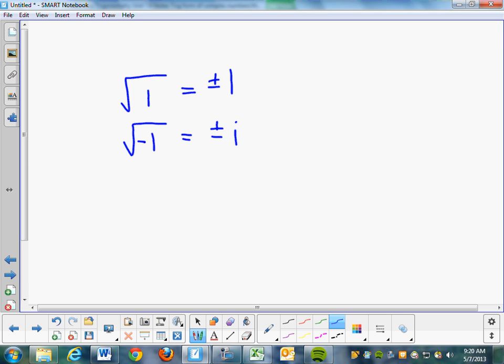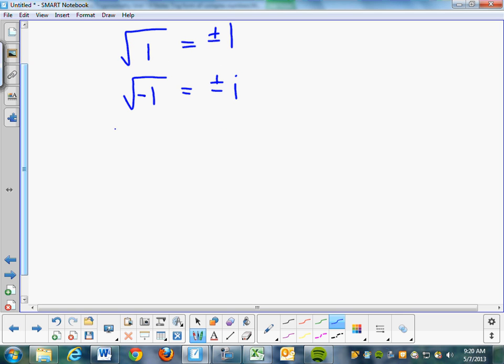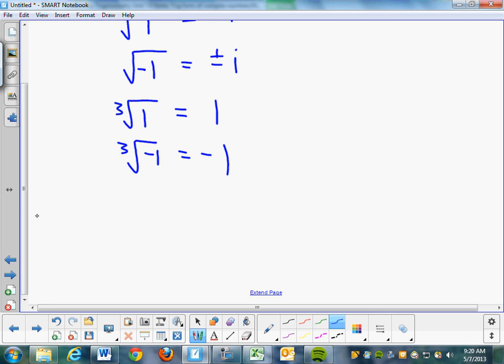Well, how about this? Cube root of 1. 1. No plus or minus, just 1. Cube root of negative 1 is negative 1, because negative 1 times negative 1 times negative 1 is negative 1.